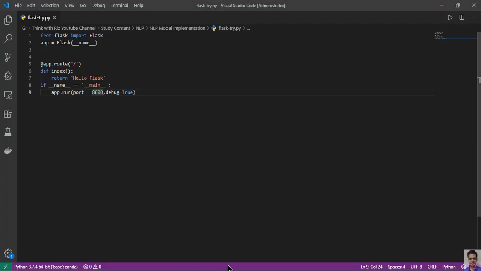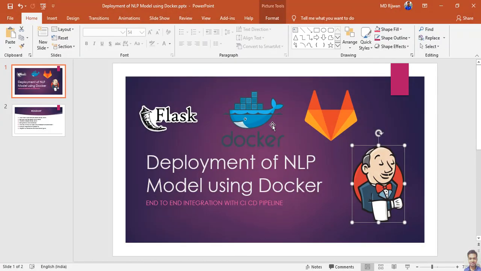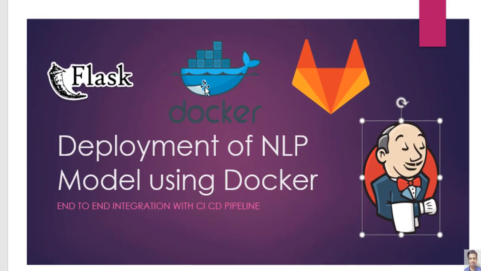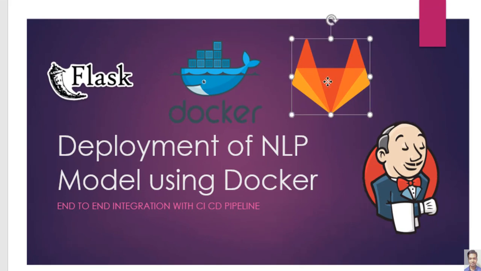Having covered Flask and a little bit of detail about Docker, now GitLab. GitLab is actually a web-based CI/CD platform that lets you host your code, and it also gives you CI/CD tooling, like integrating with Docker, integrating with Jenkins, and integrating with deployment tools like Kubernetes.